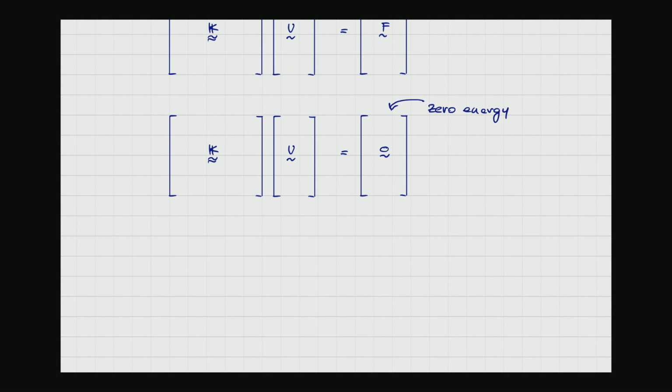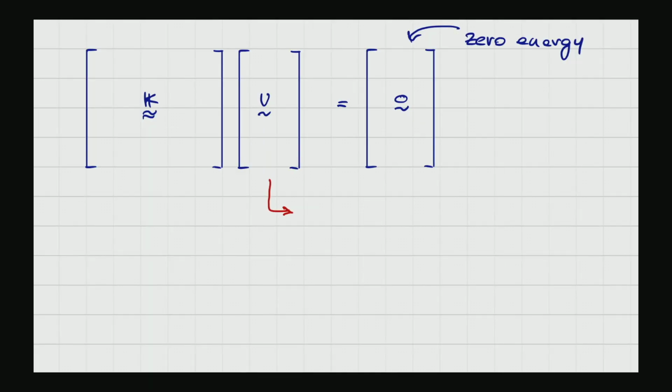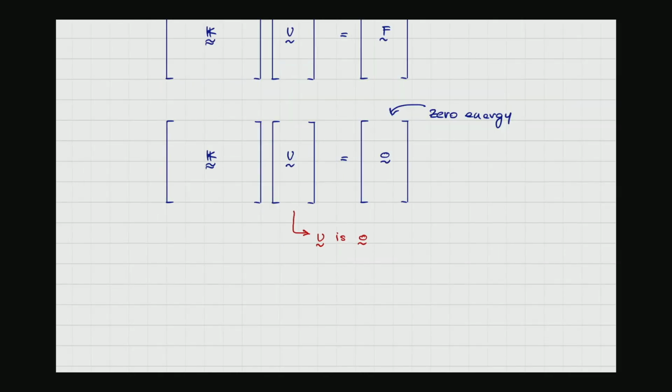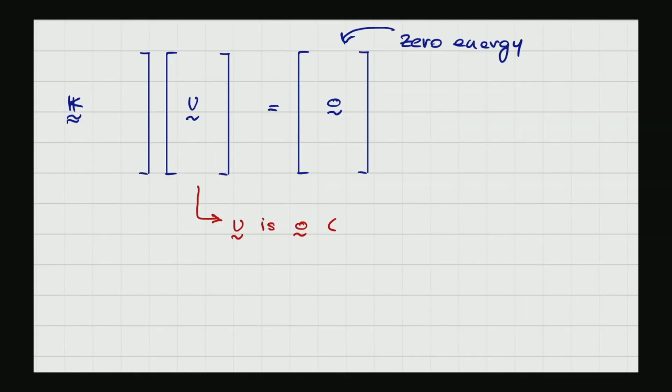First possibility, if your U is the vector of 0, this is going to give you the trivial solution.